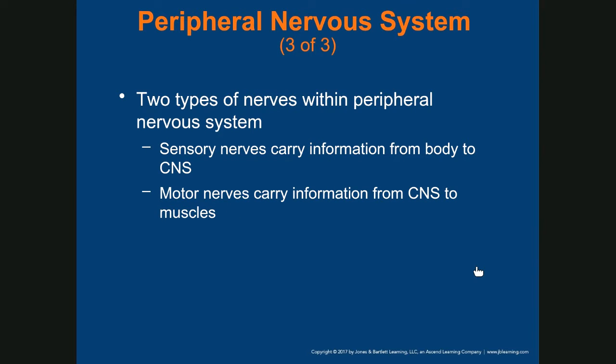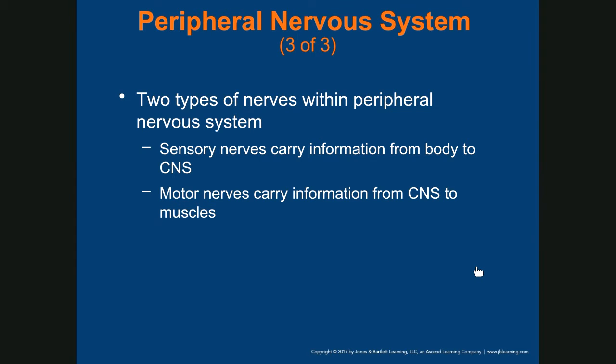Now, two types of nerves are within the peripheral nervous system. You have the sensory nerves, which carry information from the body to the brain. That's sensory. And you have motor nerves that carry information from the brain to the body, right?